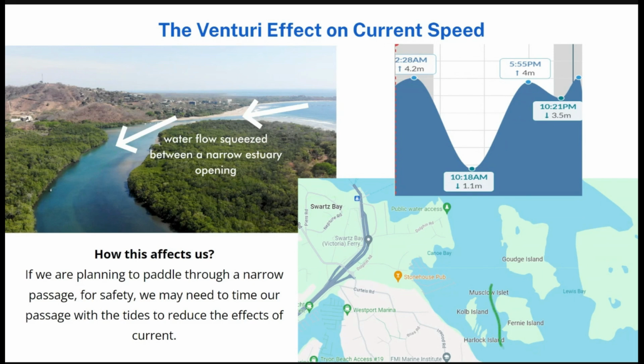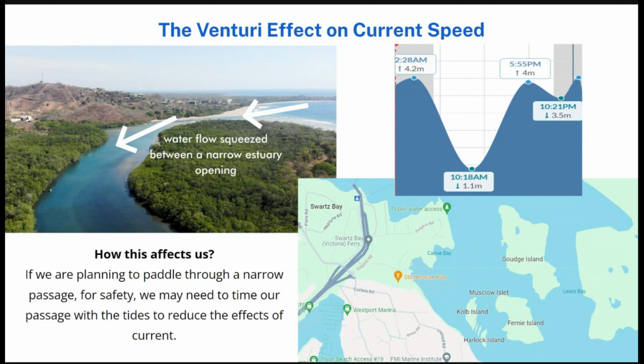These islands, as we start going through them, these are all tidal areas, and we can get a pretty good tidal exchange through here. If there's a big difference between the high and the low, we're going to see big currents between these islands because that water is being pushed through a narrower place. So we have to take that into consideration on our timing when we make those passages.